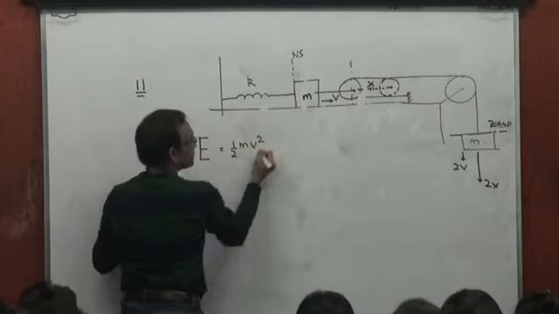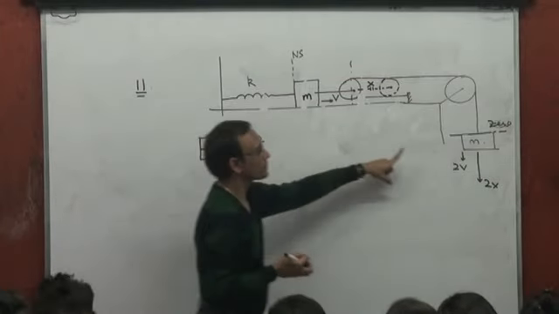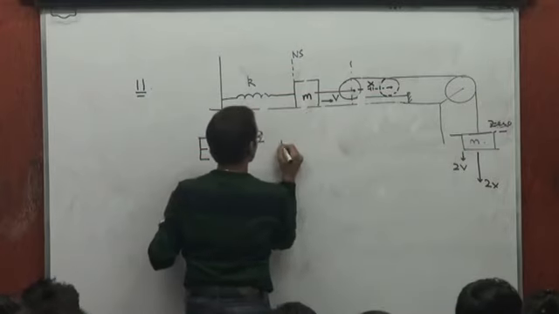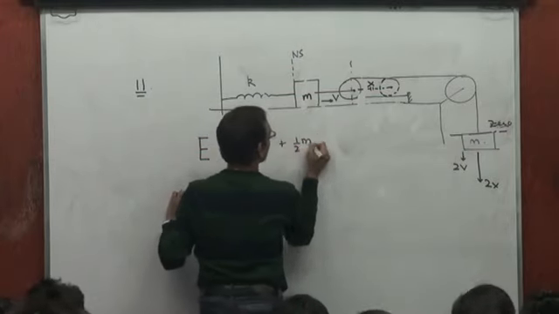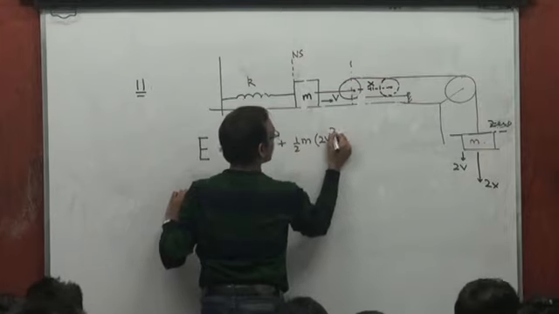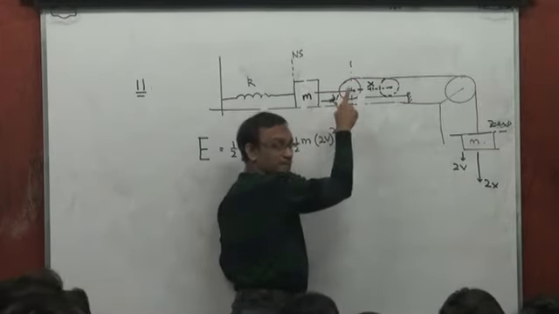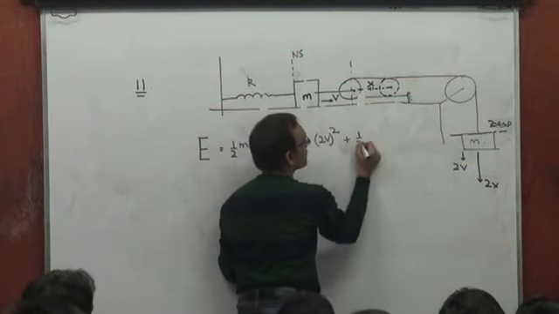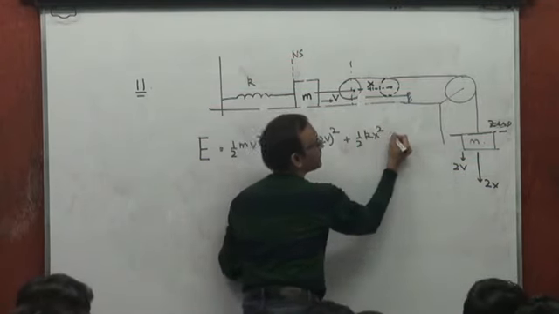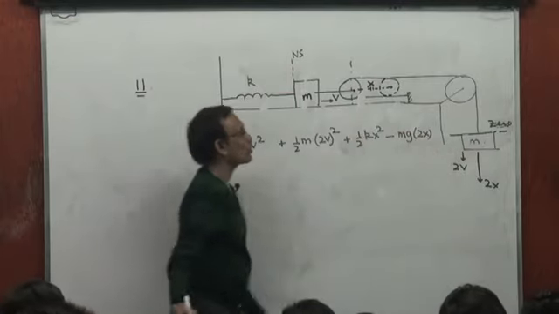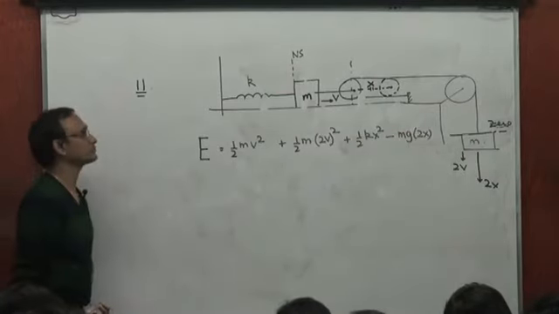So now the energy expression: half mv squared for this mass, half m (2v) whole squared for this mass, the spring gets elongated by an amount x, so half kx squared for the spring, and then minus mg into 2x, gravitational potential energy.